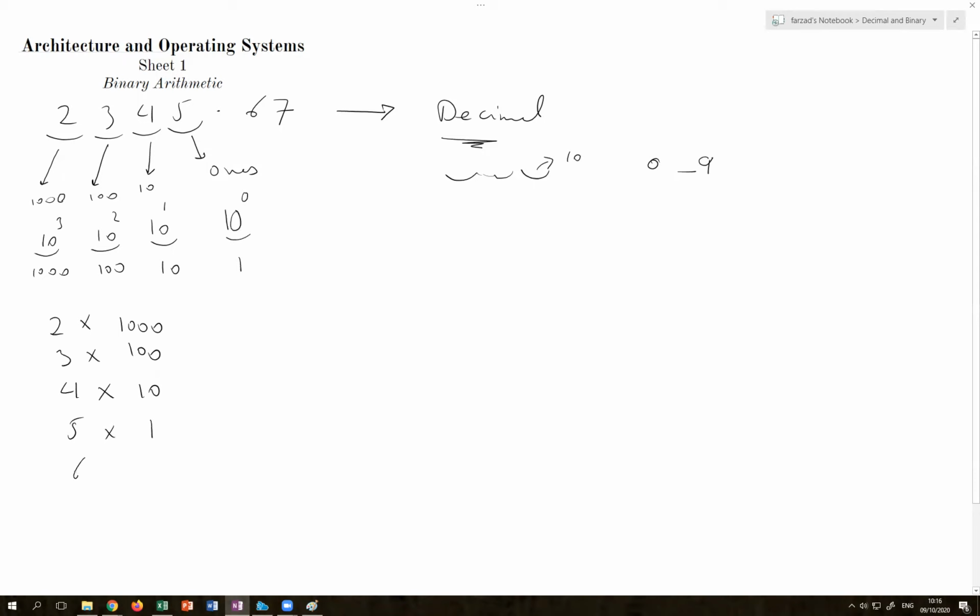Also, for this specific place here, this is 10 to the power minus 1. And here is 10 to the power minus 2. So we have 6 of 10 to the power minus 1 and 7 of 10 to the power minus 2.